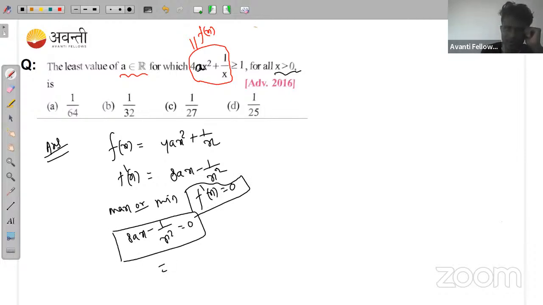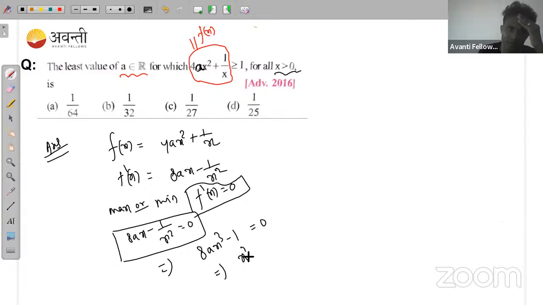Can you find the value of x here? Tell me. What is the value of x? क्या हो जाएगा? x cube को x square से multiply करने से 8a x cube minus 1 is equal to 0.